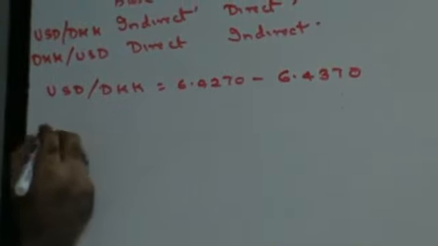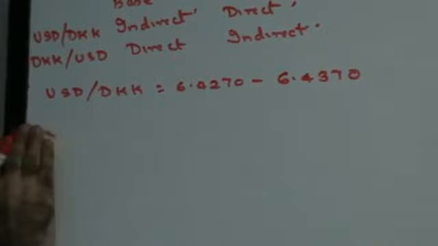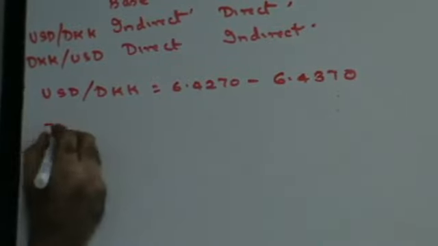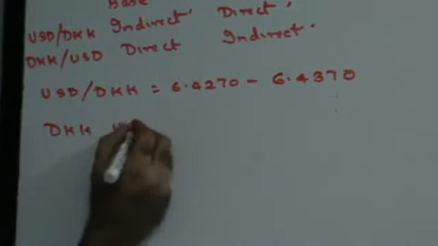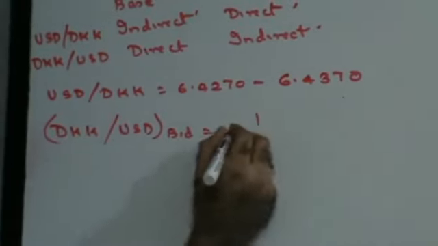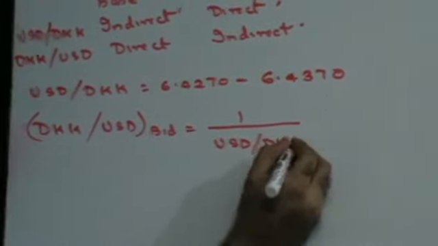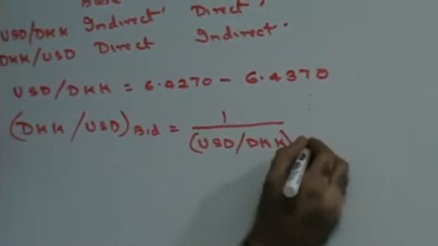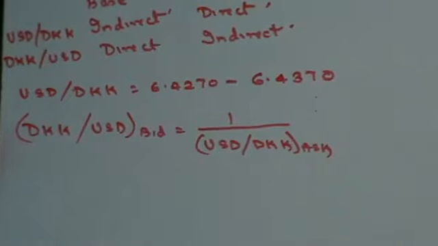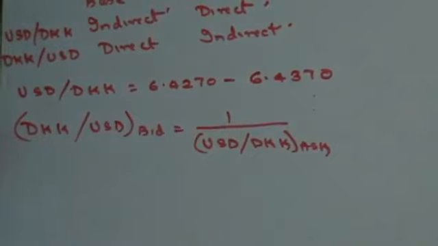Now I want to convert this particular quote from direct to indirect. They've given me the quote for USD DKK. So I can say DKK USD bid is 1 upon USD DKK ask. If I want to convert a direct quote into an indirect quote, I just have to take the reciprocal.